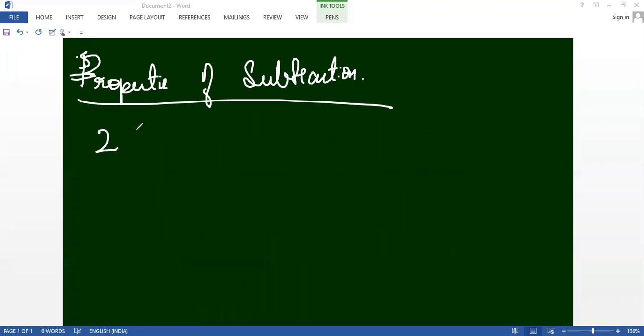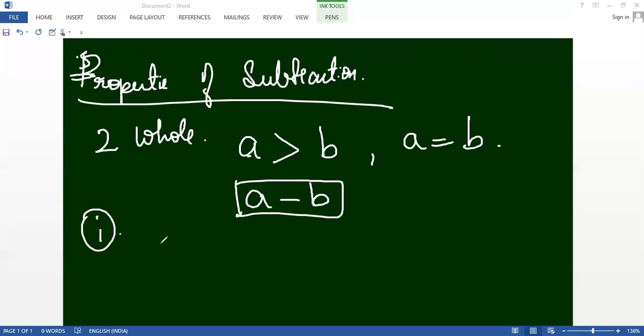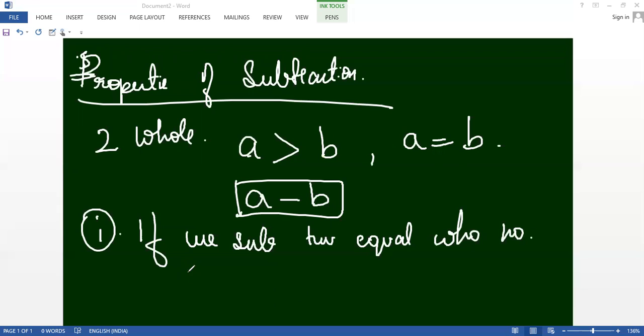If you have two whole numbers, a and b, and if a is equal to b, then a minus b will be 0.